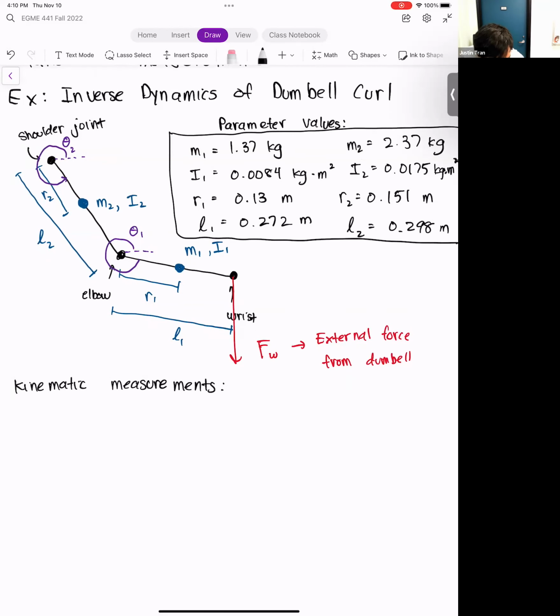Right. And so our main kinematic variables here are the joint angle, the joint angular velocity, and the joint angular acceleration for the lower arm. Okay, so theta 1, omega 1, alpha 1. The same quantities for the upper arm. So theta 2, omega 2, alpha 2. Okay.